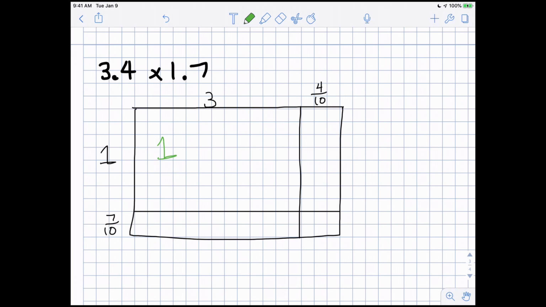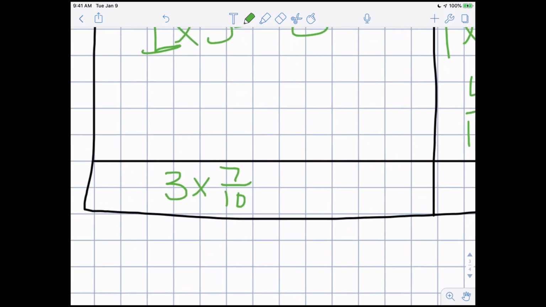So this rectangle is 1 by 3, which means it has an area of 3. This rectangle right here is 1 by 4/10, which means it has an area of 4/10, because anything times 1 is itself, right? And then down here, this rectangle is 3 by 7/10.